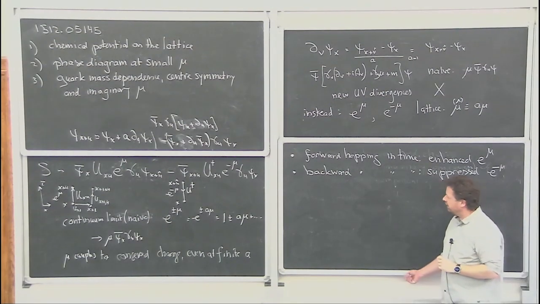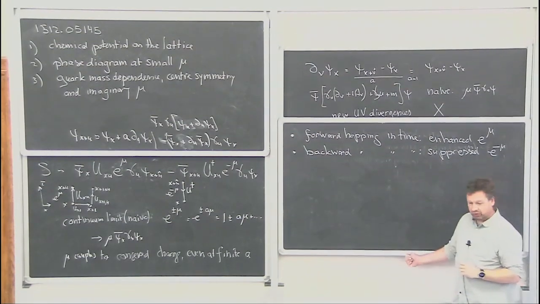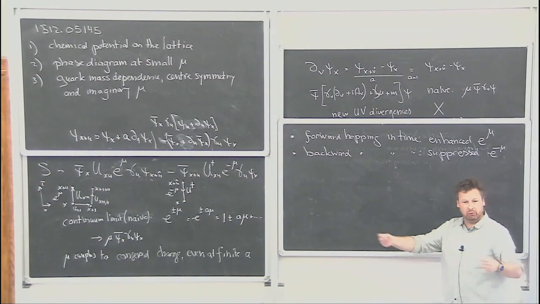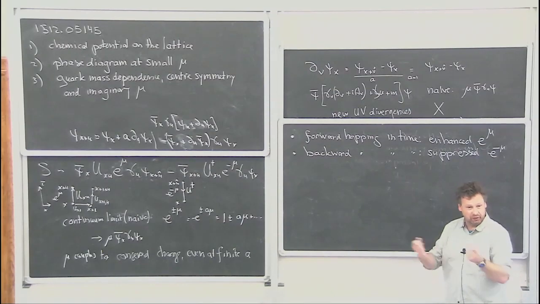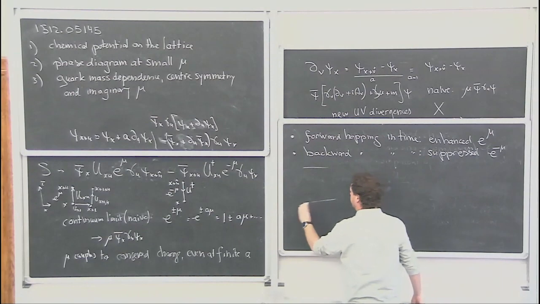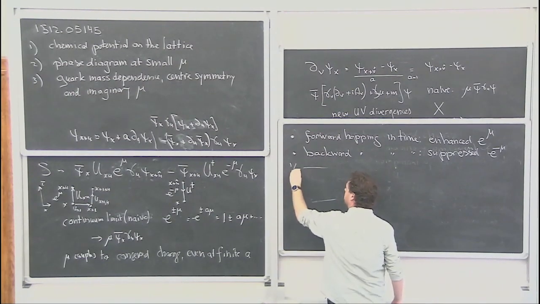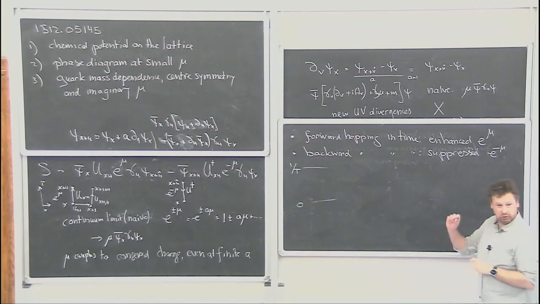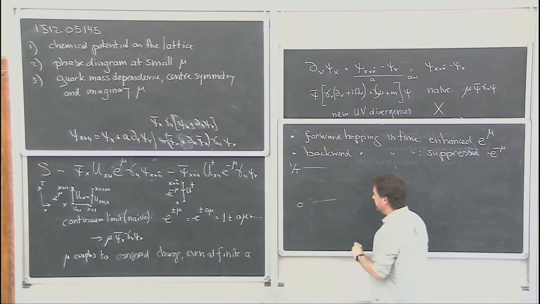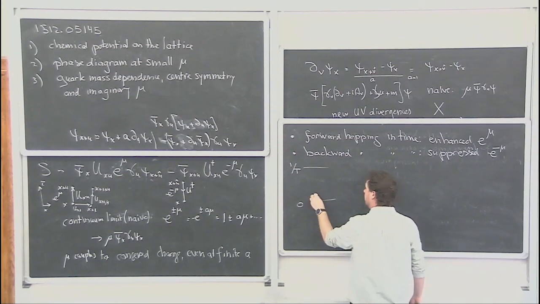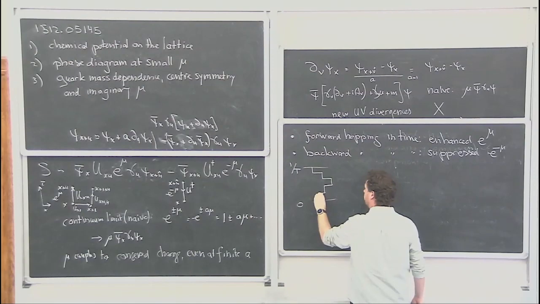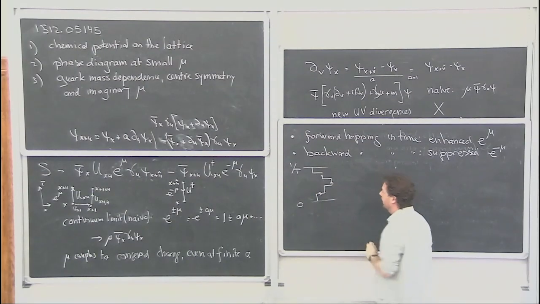Now this is interesting, because suppose I now think of my lattice theory as a bunch of fermions that are moving around on this lattice. I can have different possibilities. So if this is now Euclidean time, which goes from 0 to 1 over T, 1 over the temperature, which is the temporal extent, I can imagine having a fermion hopping in time like this, and then closing in on itself.